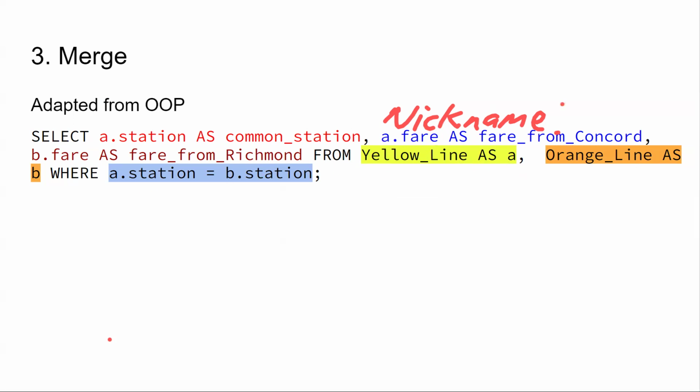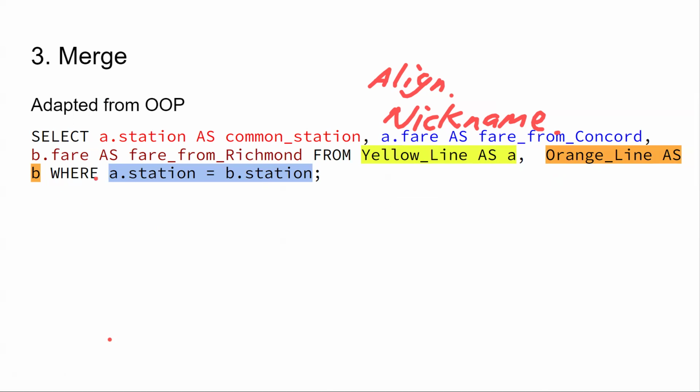I'm making a simple name so I can use it to refer to the table that I want. Or you don't have to, since it's one more step, so you can just ignore it. You say yellow line dot fare and orange line dot fare. And these are the tables, table A and table B. A is referring to yellow, B is referring to orange.